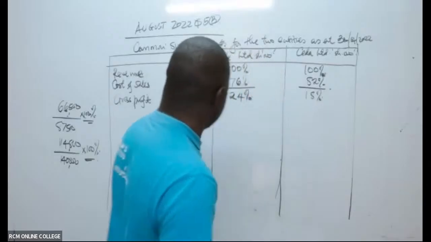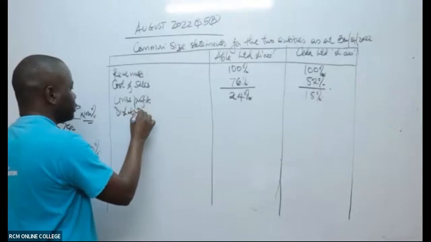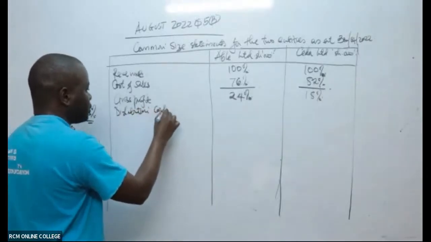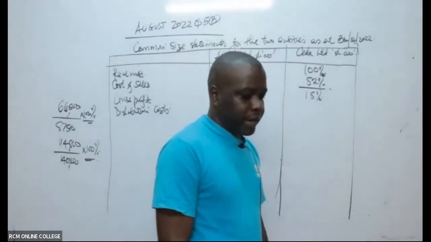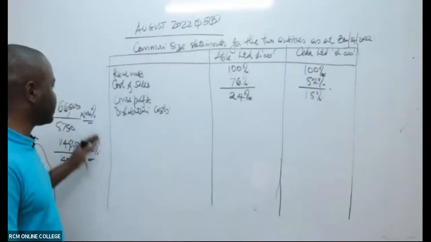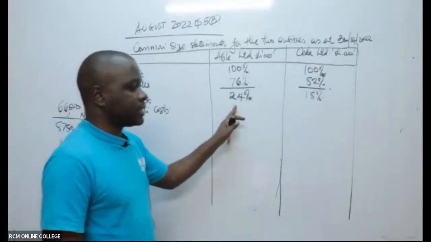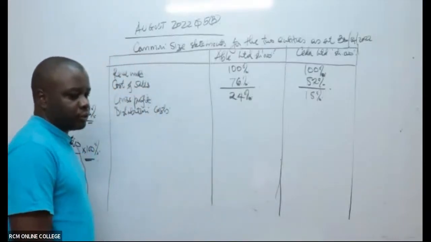distribution costs. For distribution costs you take 1495 over 87,500 multiplied by 100. It is just the same procedure. So what are you getting as the percentage?